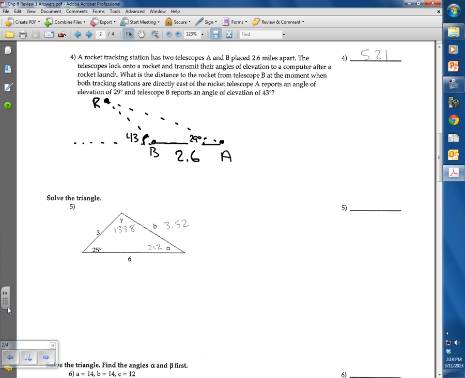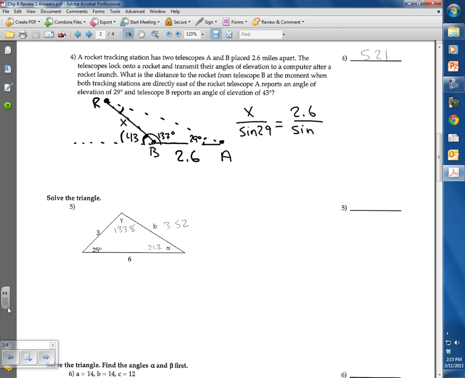And now it does say we want to find this side here, the distance from the rocket to B. So we're set up here to do some law of sines. We're going to have x over sine of 29 equals 2.6 over the sine of whatever this angle is up here. Don't know it yet, but we could. 180 degrees total minus the 43 is 137. 180 minus 137 is 43, same as this angle here.